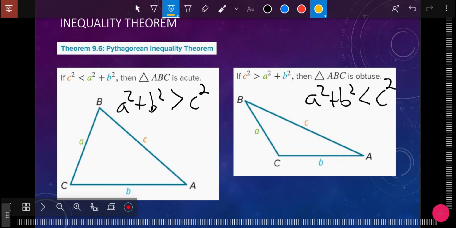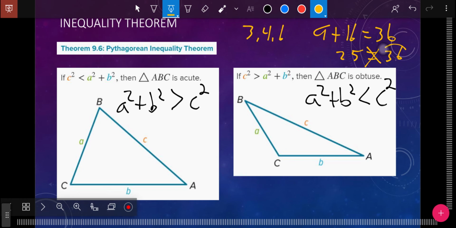Also, though, you can see if it's not true. So if you get a problem like 3, 4, 6, obviously then you have 9 plus 16 equals 36, which is 25 equals 36, which is not true. Right? 36 is bigger.